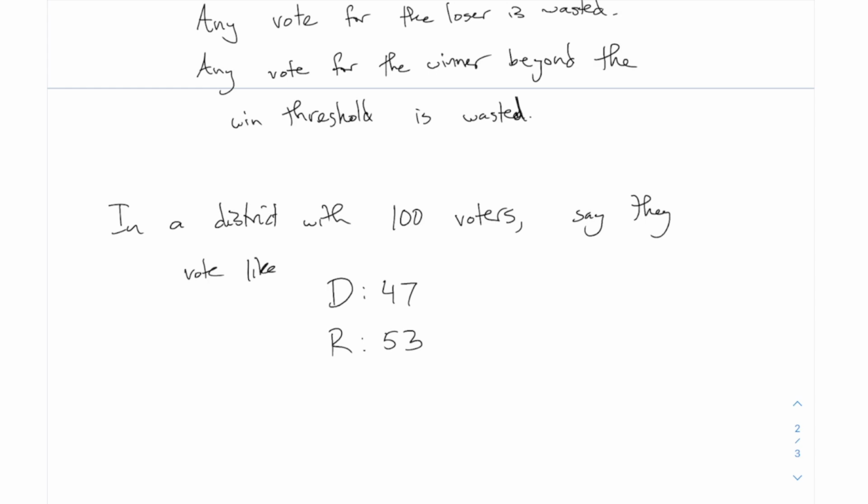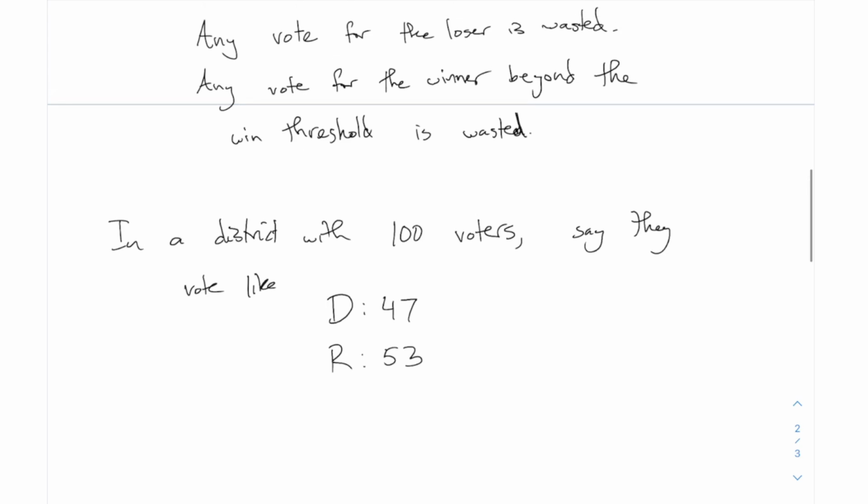Well, I already said any vote for the loser is wasted, so all of these are wasted. And how many Republican votes are wasted? Well, in this example, there are 100 voters. How many do you need to win? I suppose it would be 51. 50 would be a tie. I don't want to do ties, so you would need 51.